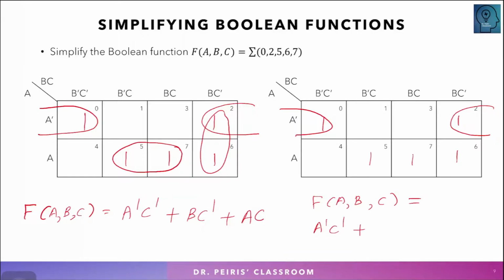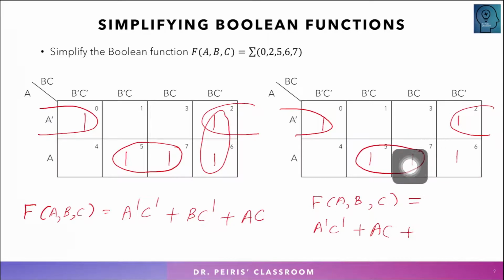Now how can we do the others? I definitely need to combine the 5 with 7. So I combine these two. This is A, and for these two C is common. AC.